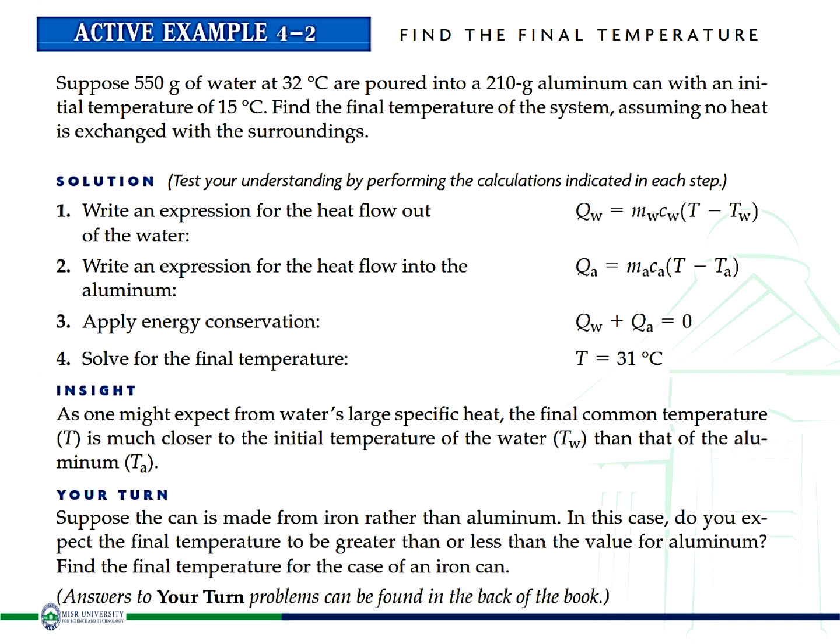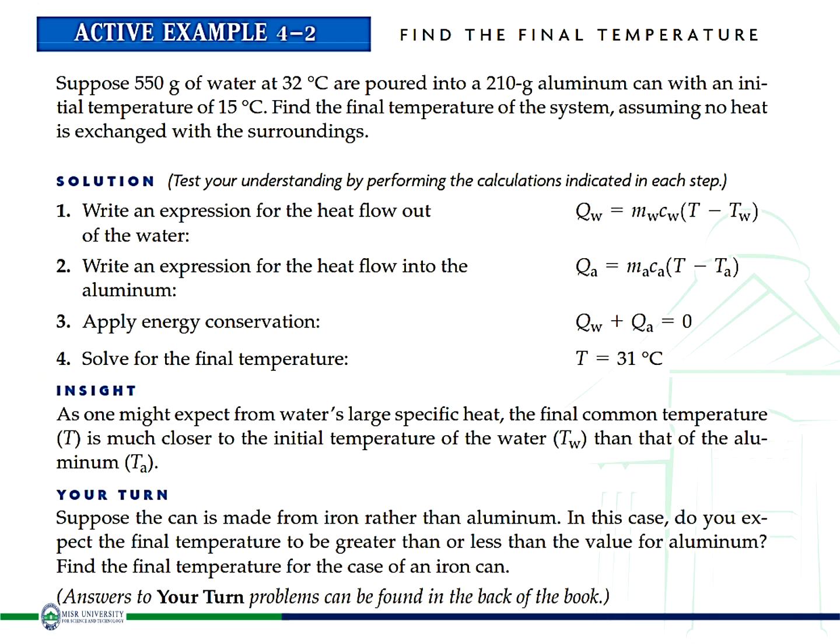The formula for heat transfer, as we know, is Q equals mcΔT. Here, Mw is the mass of the water, 550 g, which we convert to 0.550 kilograms for consistency with our specific heat units. Cw is the specific heat of water, T is the final equilibrium temperature, what we're trying to find, and Tw is the initial temperature of the water, 32 degrees Celsius.